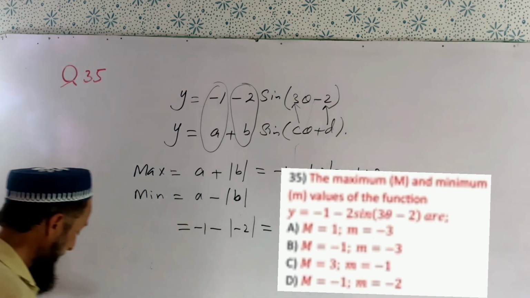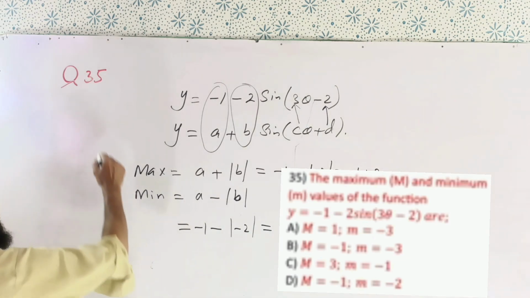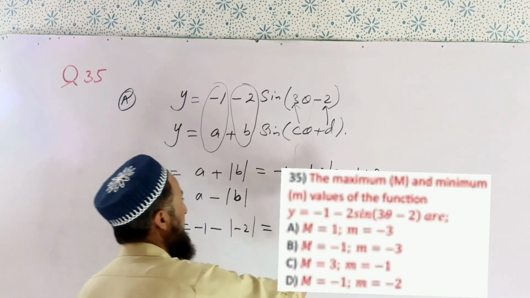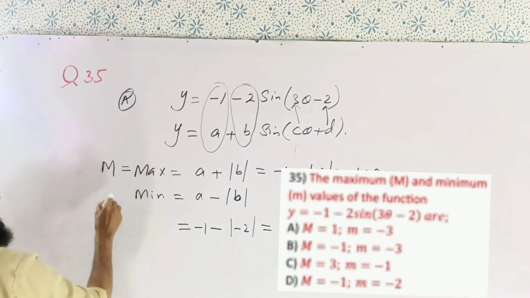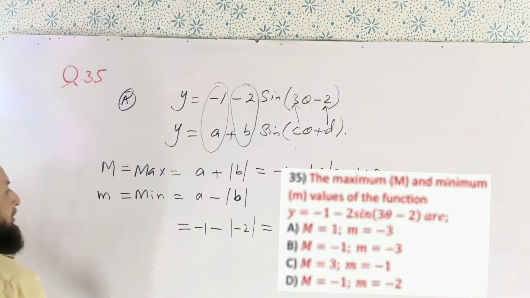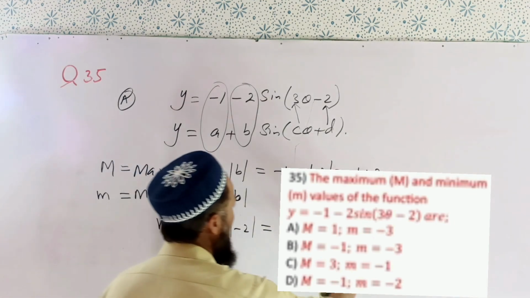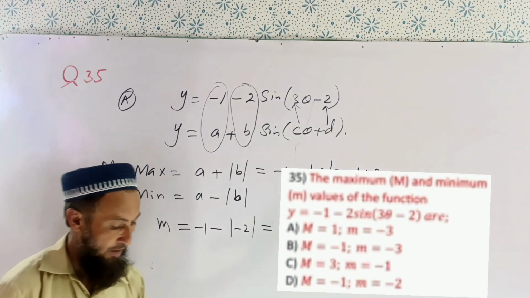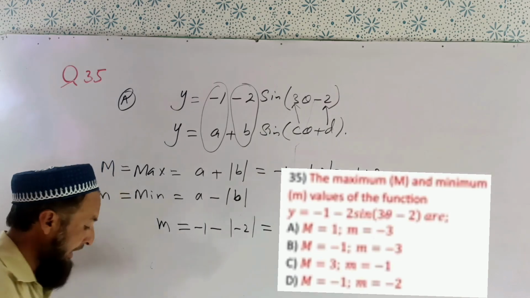So option A is the correct option, because here the maximum value is denoted by capital M and the minimum value is denoted by small m. So small m is equal to -3 and capital M is equal to 1. This is available in option A, so option A is the correct option.